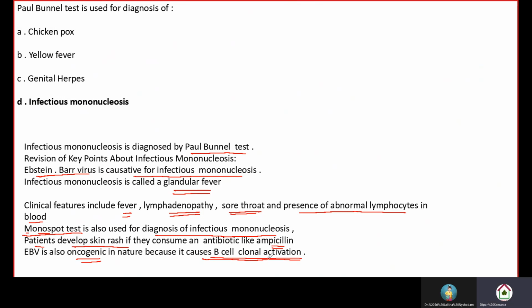Already you see EBV causes lymphadenopathy, so there are cancers of lymph glands or lymph nodes. B cell clonal activation may cause these oncogenic consequences. So it must be remembered. The antibiotic given is ampicillin, but ampicillin may again cause skin rash.